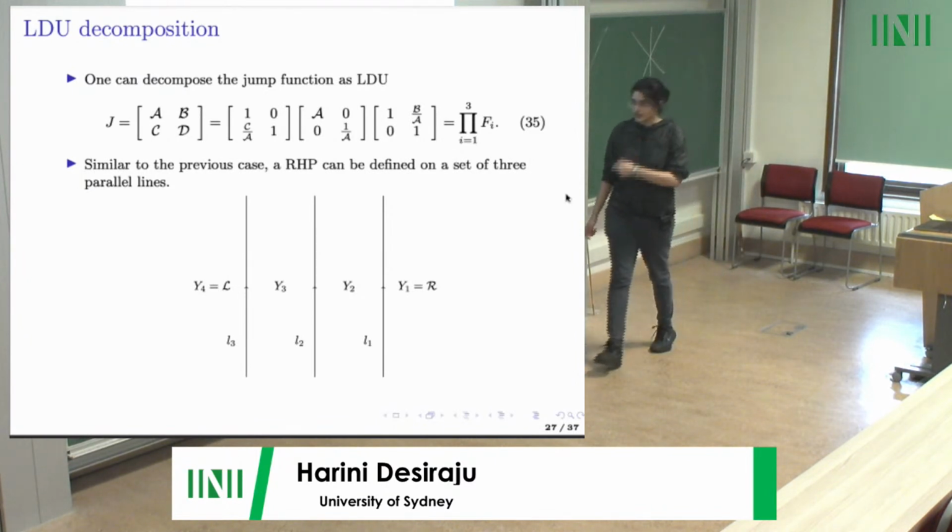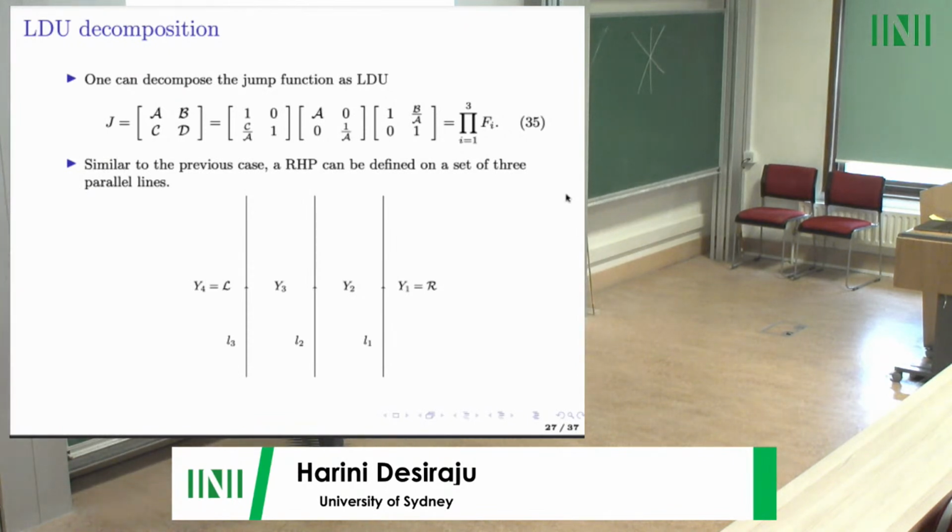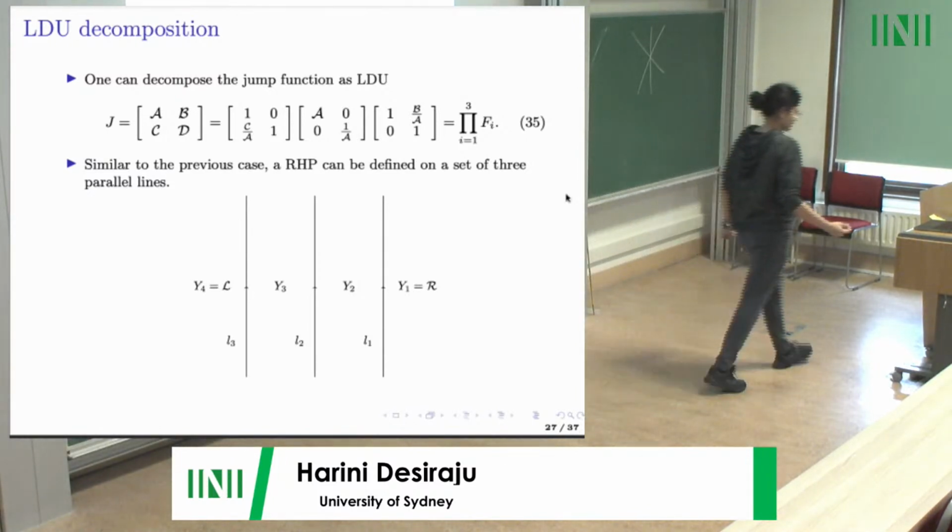When you have a diagonal jump, the goal now is to write the jump as 1 minus 2 pi i f g transpose such that f transpose g is 0. And this constraint is not solved for diagonal jumps, which means I have a problem yet again.